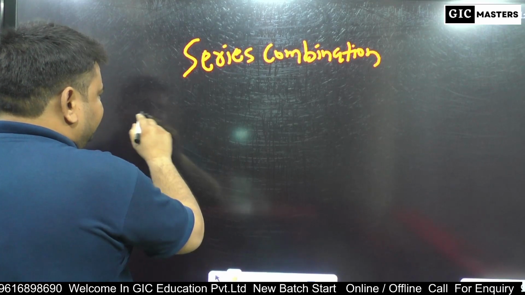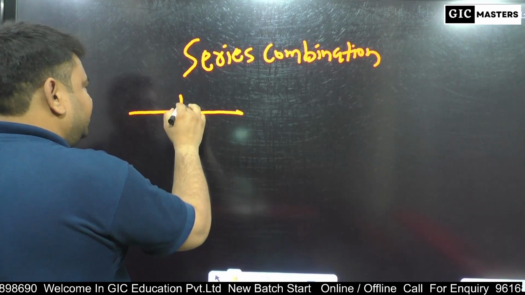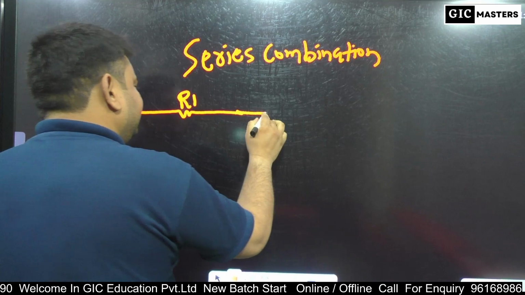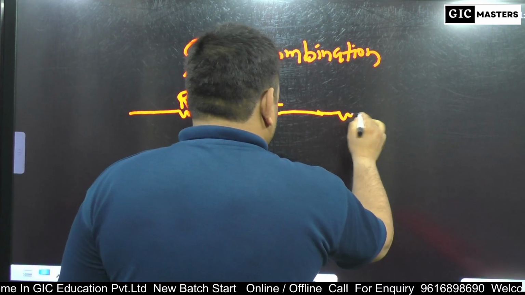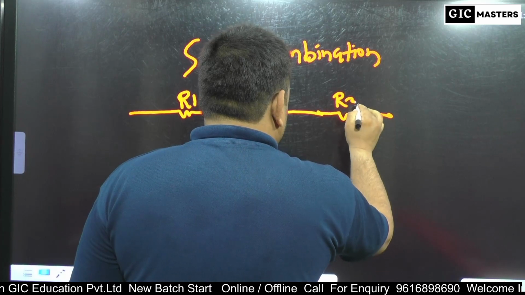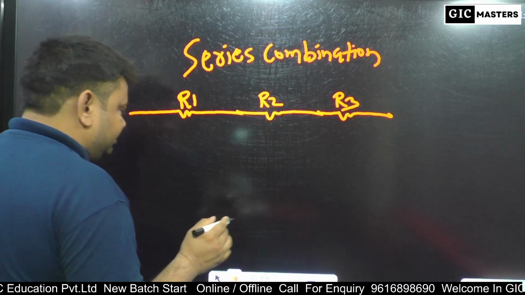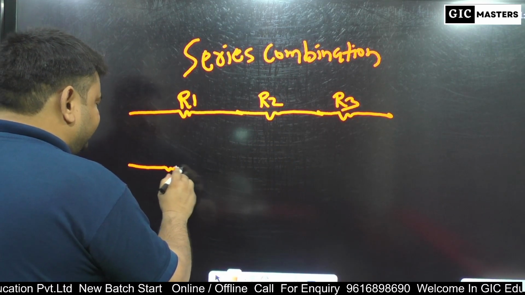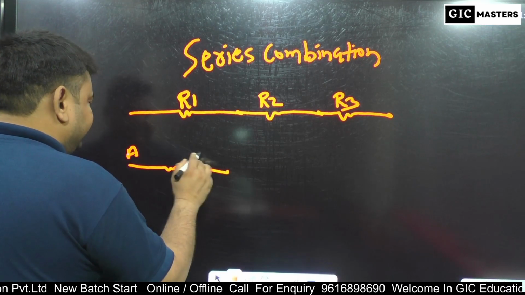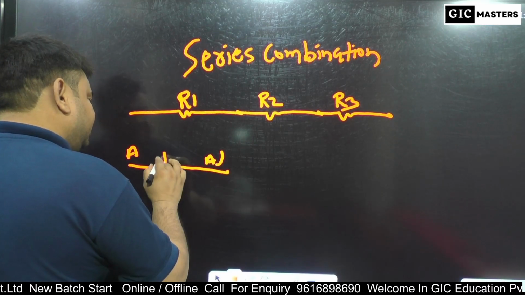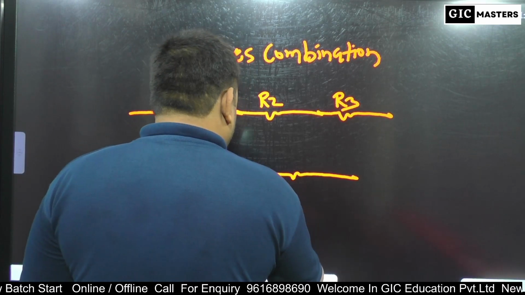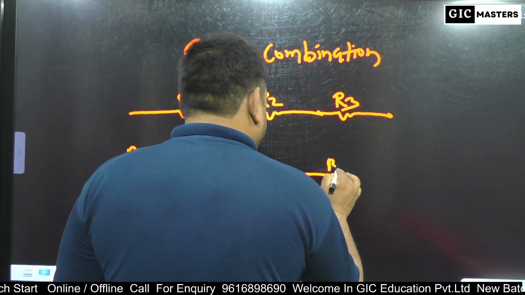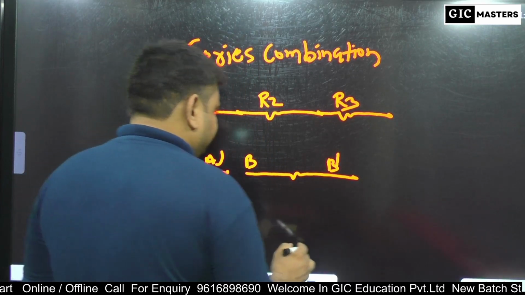In series combination, resistances are connected in series. Suppose here three resistances are connected in series. In resistor R1, there are two terminals, suppose A and A dash. In R2, two terminals B and B dash.